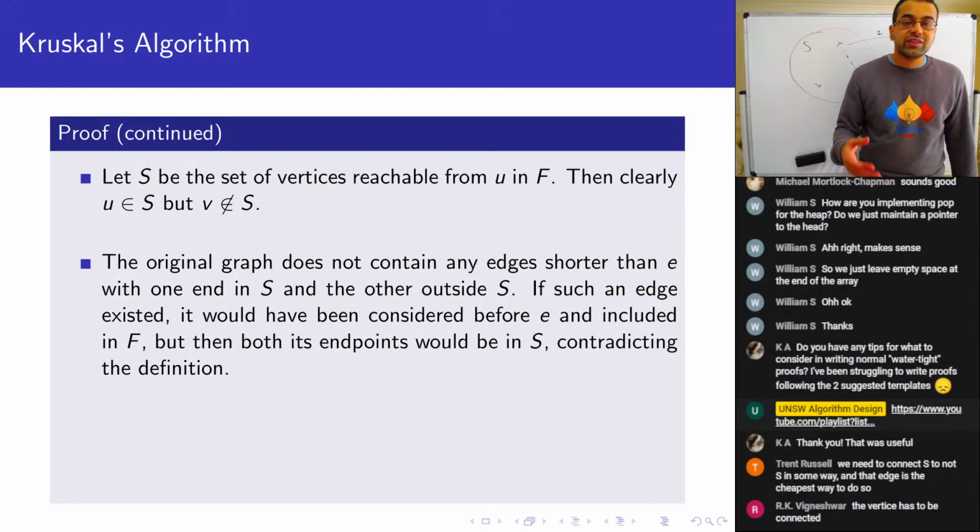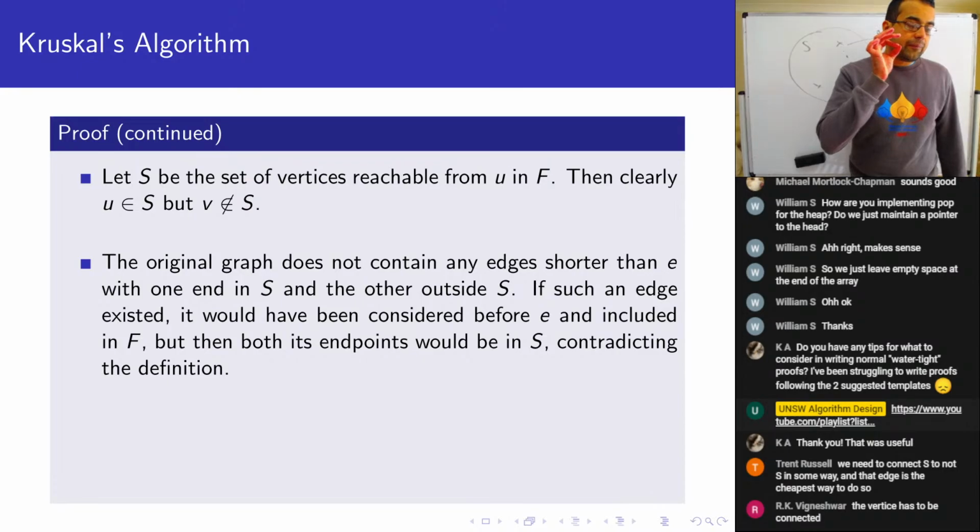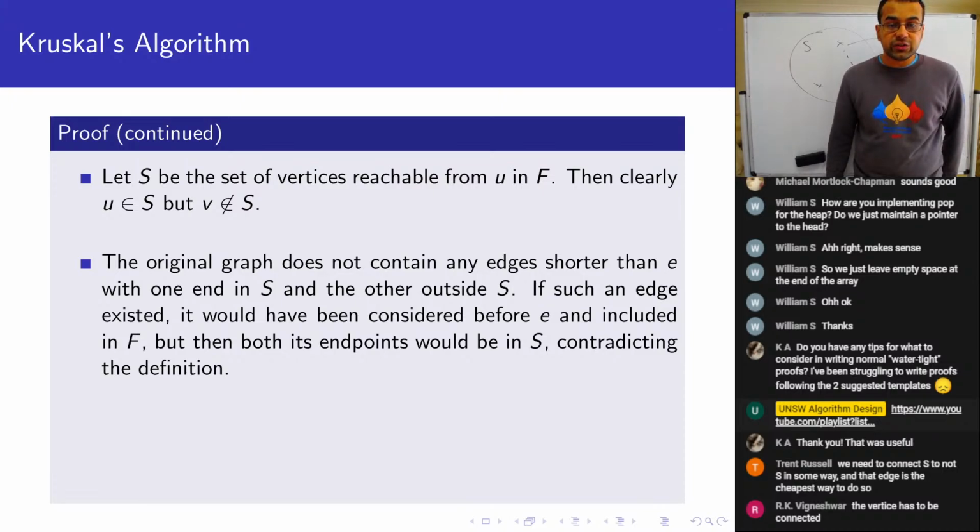You may observe, of course, that this kind of fits the framework of the previous lemma, because we have edges between S and not S, and we're saying of all the edges crossing that boundary, we want to take E in every single minimum spanning tree. Well, to prove this, we need to confirm that E is indeed the smallest weight edge that crosses this partition. In other words, we need to confirm that the original graph doesn't have any edges shorter than E that cross the boundary between S and not S.